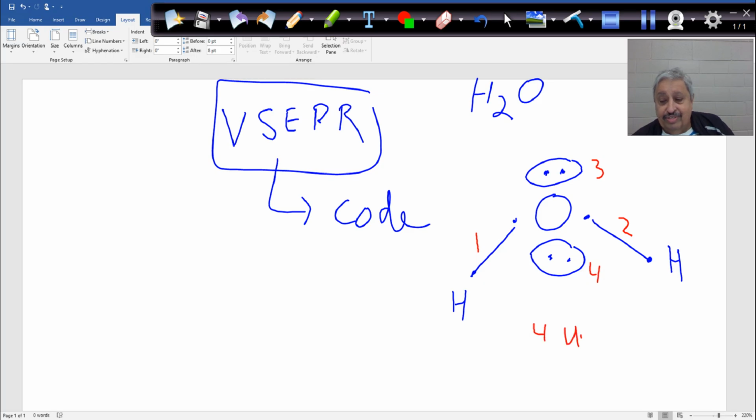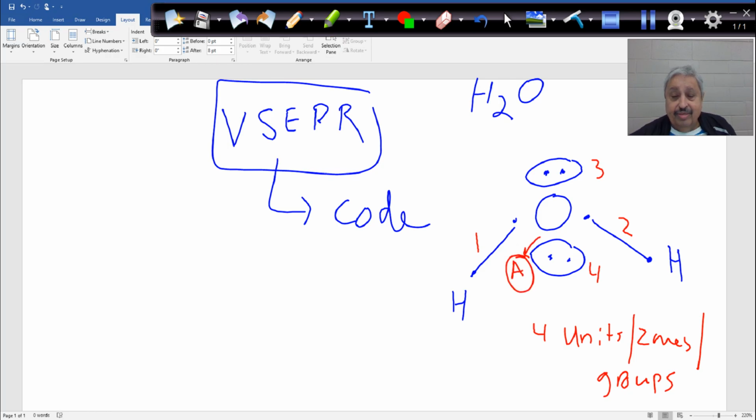So 4 units, zones, groups, correct? The oxygen is the central atom, given the symbol A, and the hydrogens are terminals, B. Each lone pair is E1 and E2, or just E.